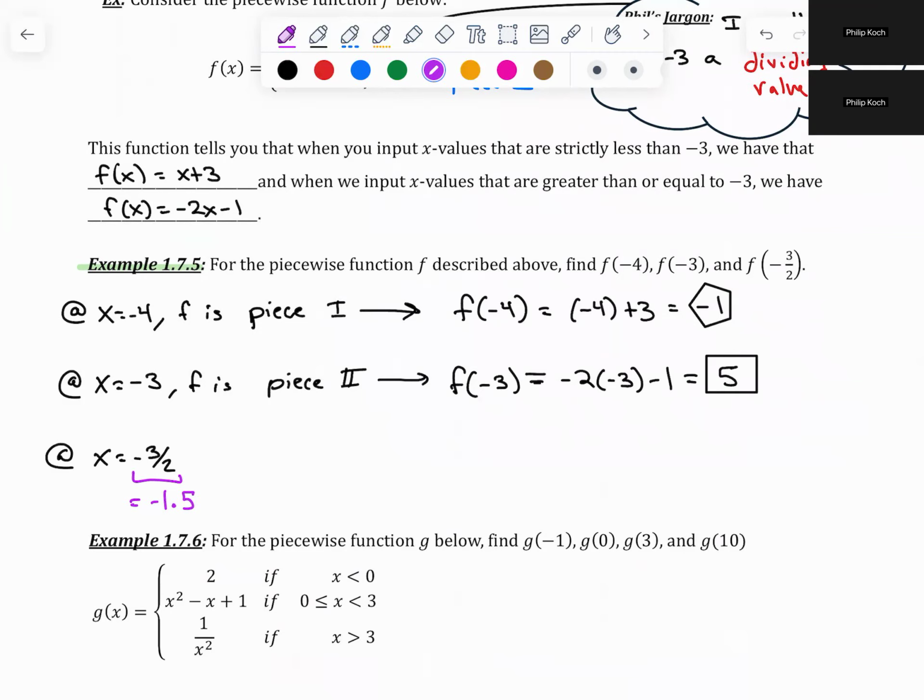So it's -1.5. That is larger, that is more to the right on the number line than -3. So it's in piece 2. So f of -3/2 is equal to -2 times -3/2 minus 1. That's going to be +3 minus 1. That's 2.